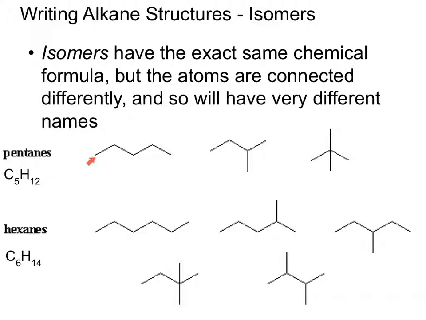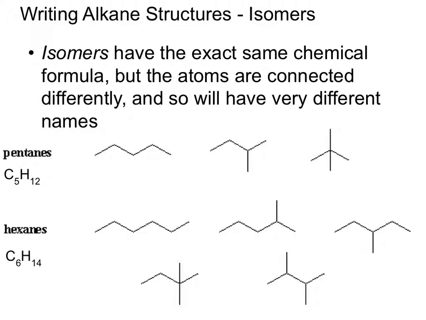There must be 3 here, plus 2, plus 2, plus 2, plus 3 to make 12 hydrogens in this pentane. In this molecule, we have 3 hydrogens here, plus 2, plus 1 on this carbon, plus 3 here, plus 3 here, again for our total of 12.